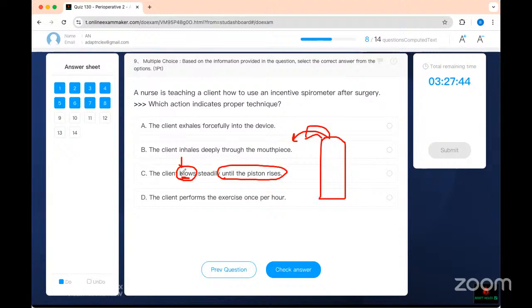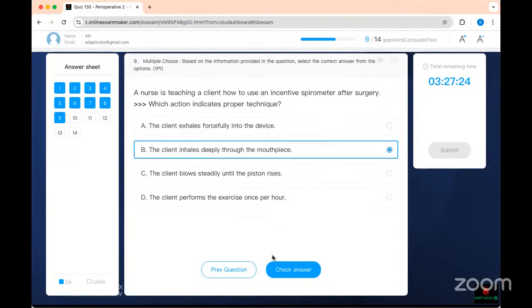I say inhale. So you suck in like you're taking a straw and your lung gets bigger. Therefore, this is saying the same thing. Exhale, blow out is the same. And this is that. You don't do it once per hour. You do it 10 times an hour. So you know the right answer, right? So this is the way.